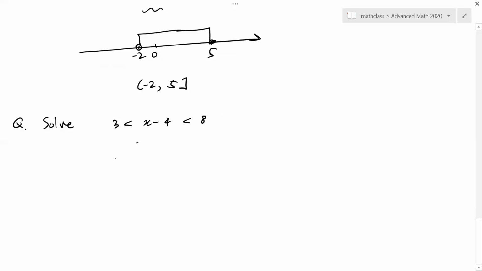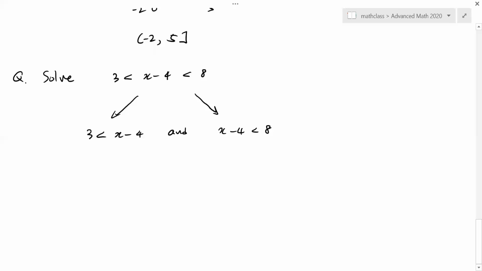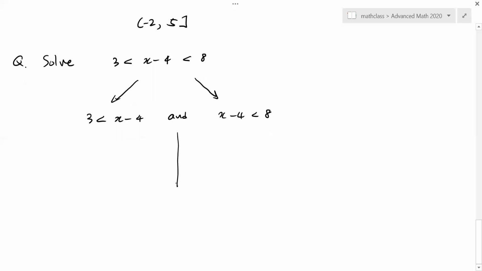This actually has two inequalities here: 3 is less than x minus 4, and x minus 4 is less than 8. So x must satisfy both inequalities, and you have to solve each of them.